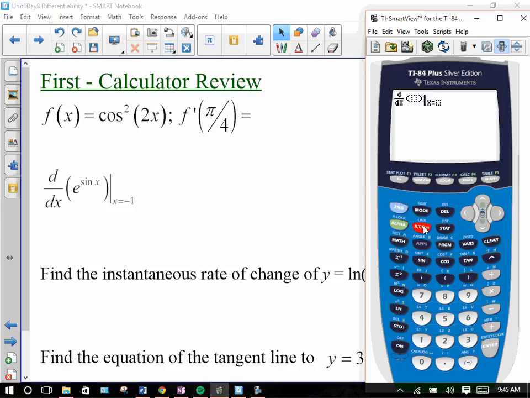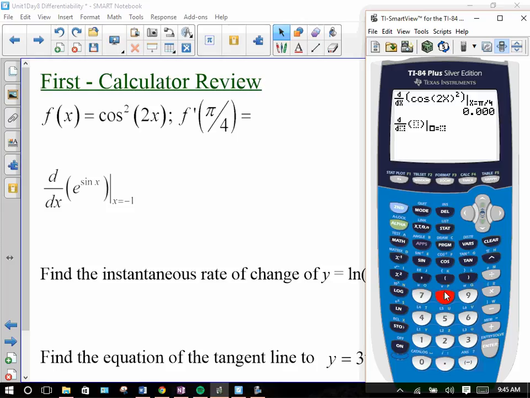It's going to be in terms of x, cosine 2x, and then we're squaring that whole function, and we're evaluating it at pi over 4. Enter. Alright.